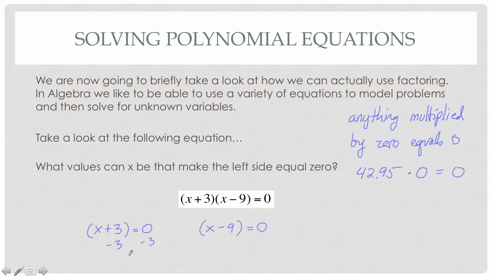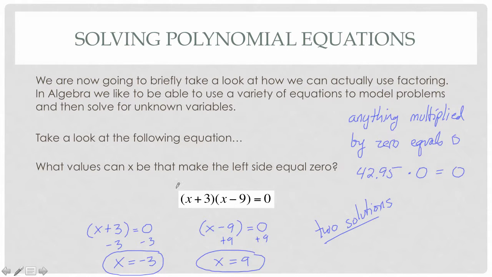Let's subtract 3 from both sides, and I can see one solution is negative 3. So if I make x negative 3, I get 0 times negative 12, which is 0. That's a solution. I like that. The other one is, if I add 9 to both sides, if x equals 9. Check it out. If I put 9 in for both x's, I get 12 times 0. 12 times 0 is also 0. So there's two solutions in this case. That's a little bit different, right? Different than linear.